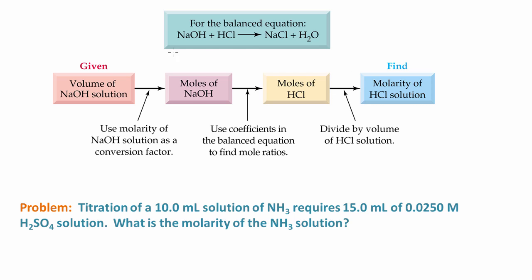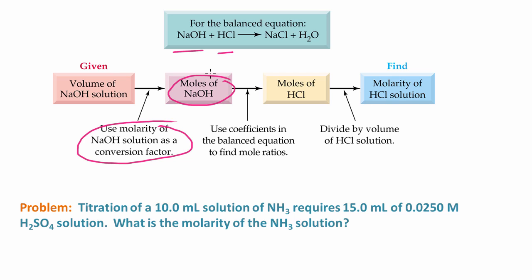So let's say we have sodium hydroxide and hydrochloric acid. Let's say we're given the volume of sodium hydroxide solution, and from the volume and the concentration of that, we can determine the moles of sodium hydroxide.